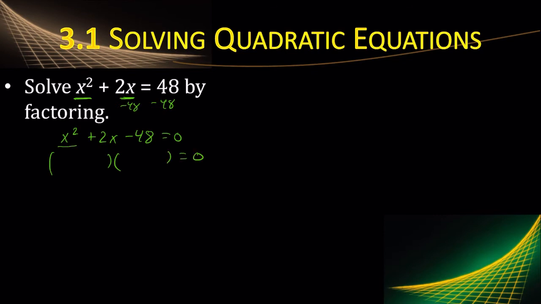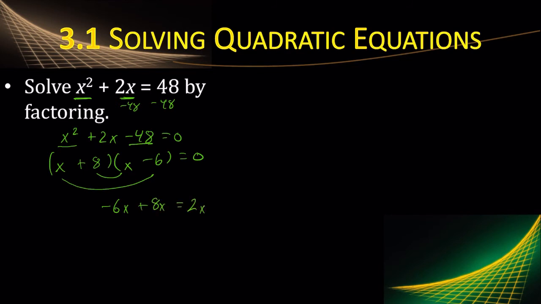What times what makes the x squared? It's x times x. What times what makes negative 48? Maybe 8 times negative 6. And then we check. We check outers plus inners.